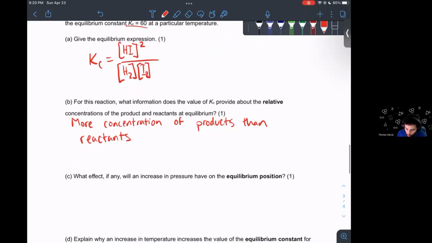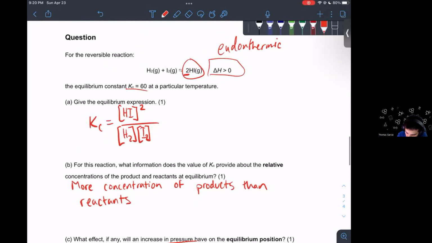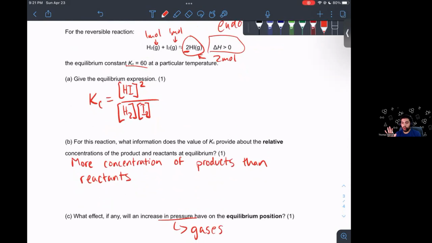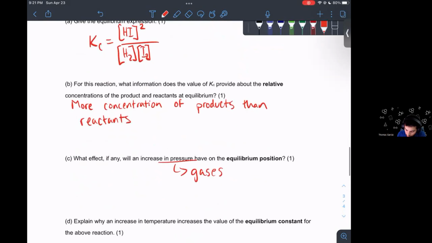All right. What effect, if any, will an increase in pressure have on the equilibrium position? So we know that pressure involves gases, and we have some gases. In fact, we have 1 mole here, we have 1 mole here, and we have 2 moles here. And I get those from our coefficients. So I see that we have the same amount of gas both on the right side and the left side.